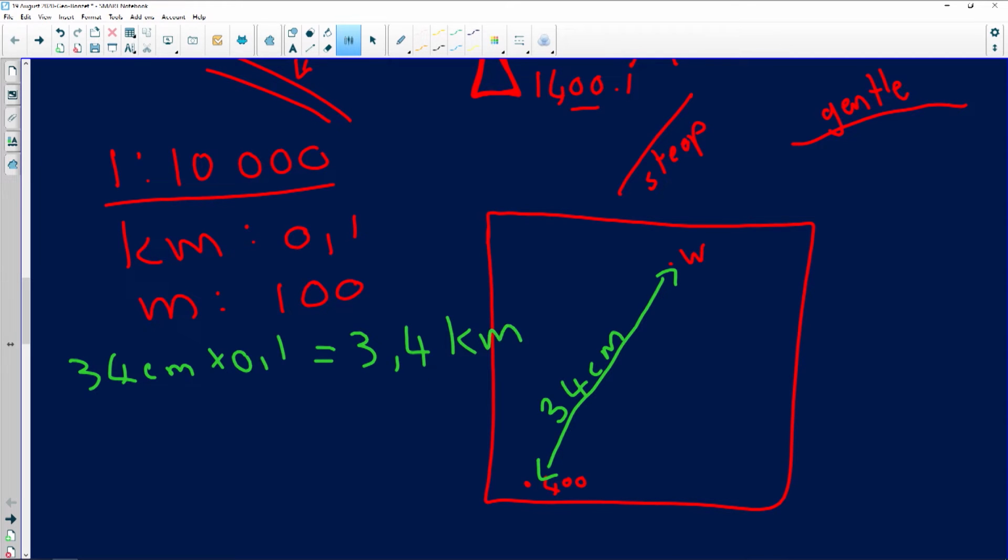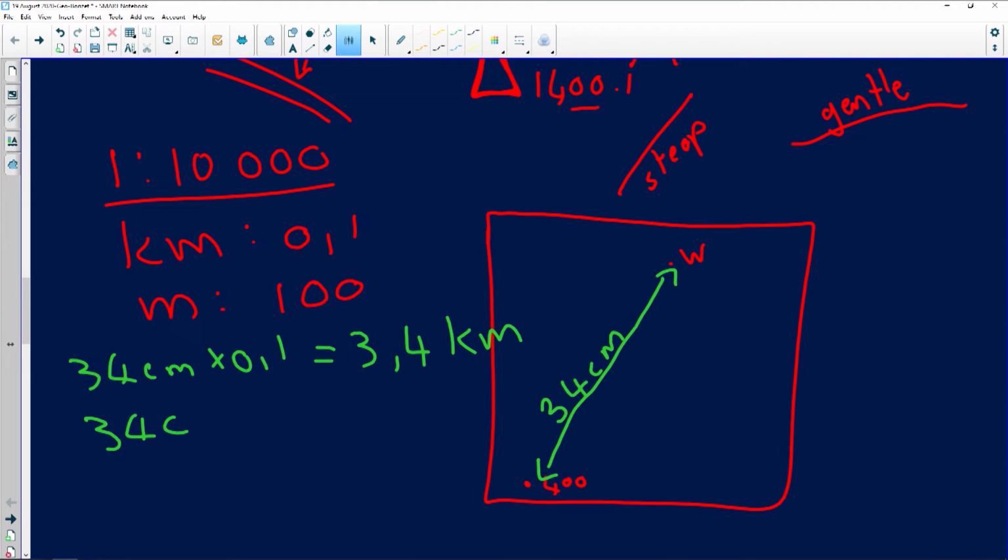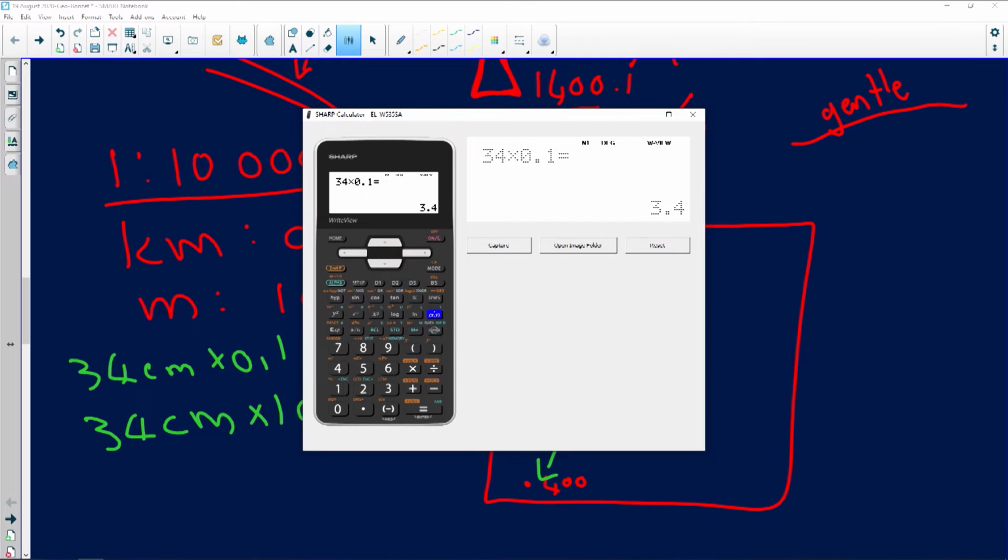The same applies if the examiner asks you to calculate the distance in meters. You use the distance, 34 centimeters, and you multiply it by 100. Once again, don't be shy, use your calculator.